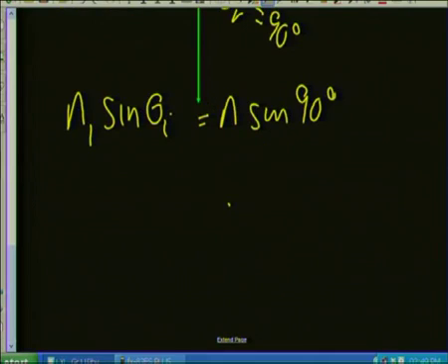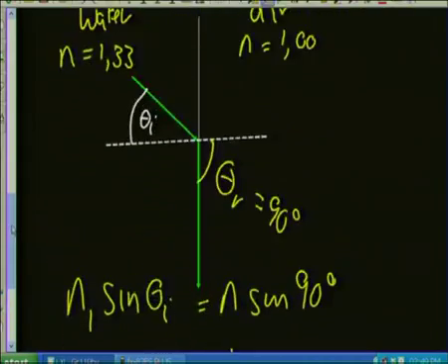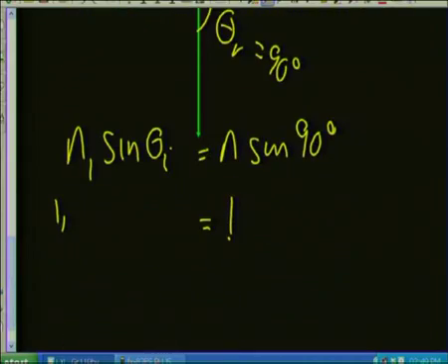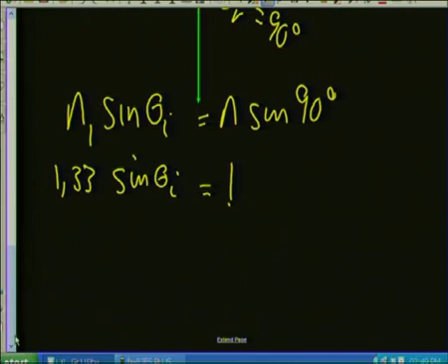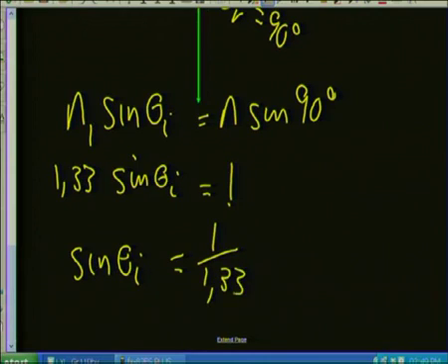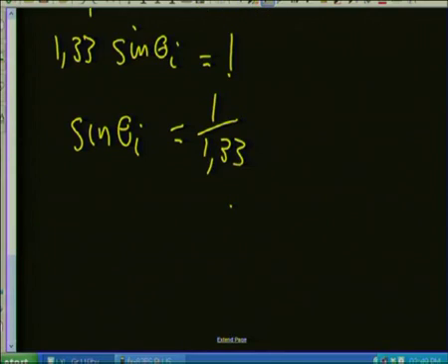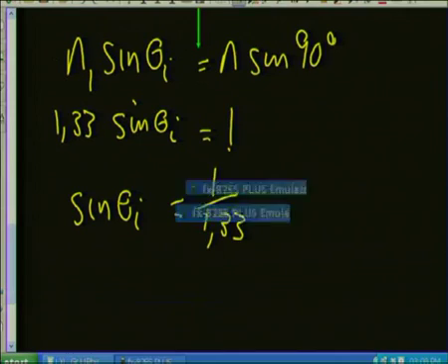Now, what's the sine of 90? Sine of 90 is 1, and the refractive index is 1. So what you recognize here is the refractive index of water was 1,33, and this is the sine of theta I, and we're wanting sine of theta on its own, so we're going to say it's 1 over 1,33, and we will then be able to plug that into the calculator.